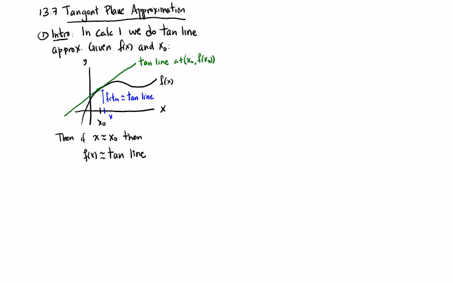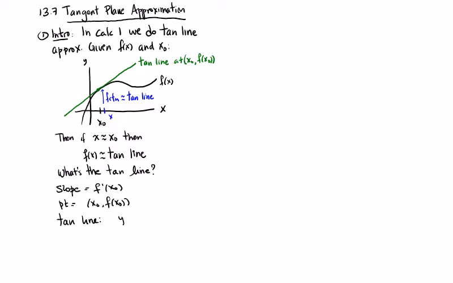So we say to ourselves, well, what's the tangent line? The slope is f prime of x0, because that's the derivative, and the point is x0, f of x0. So the point slope formula says that the tangent line is y minus f of x0 equals the slope times x minus x0.